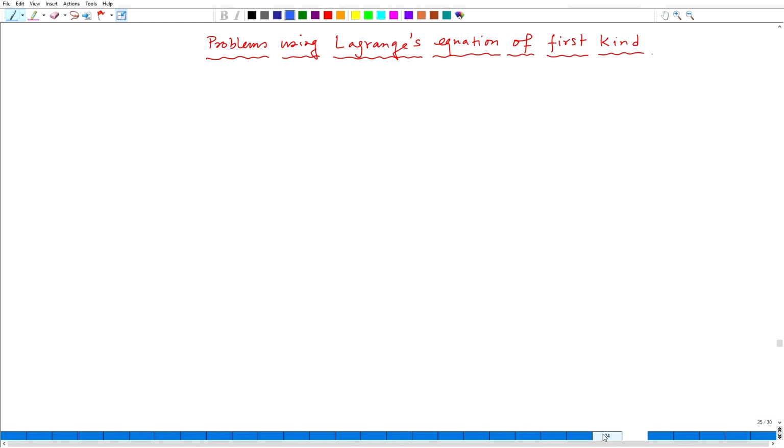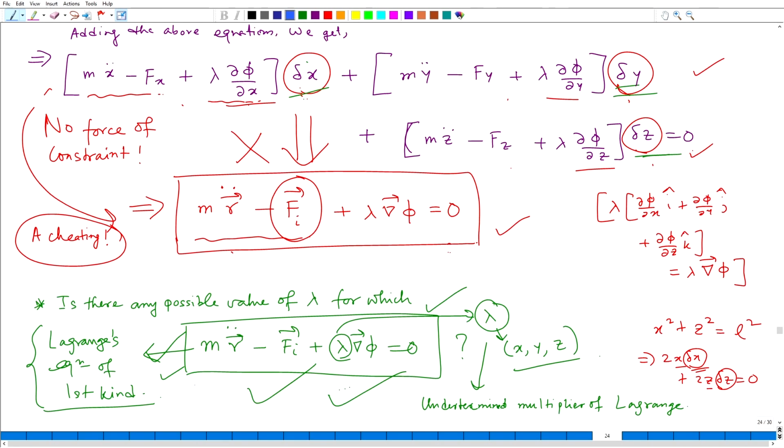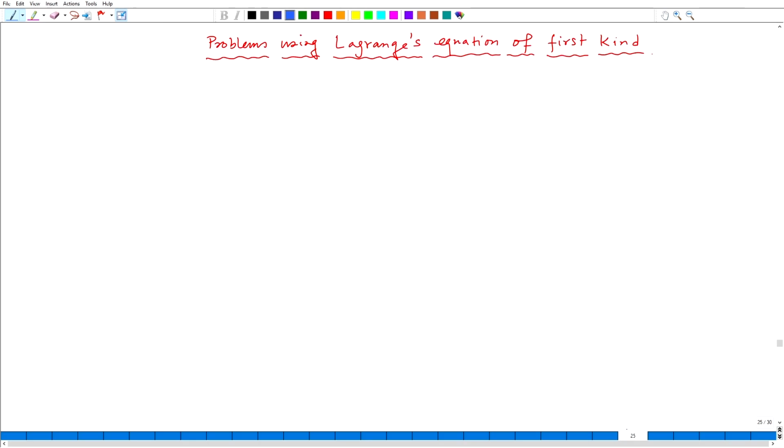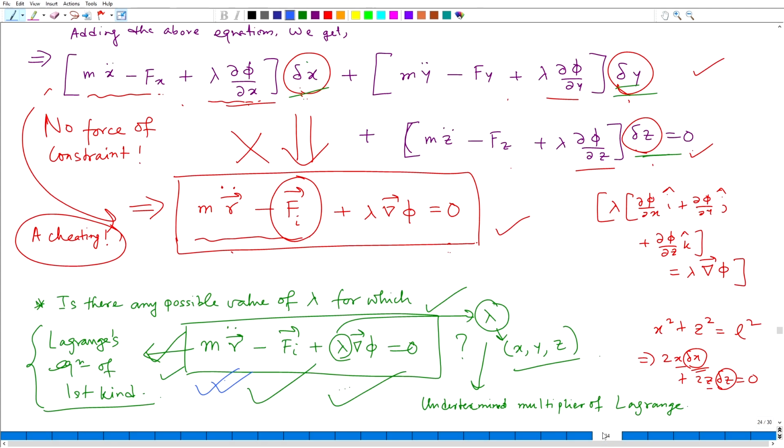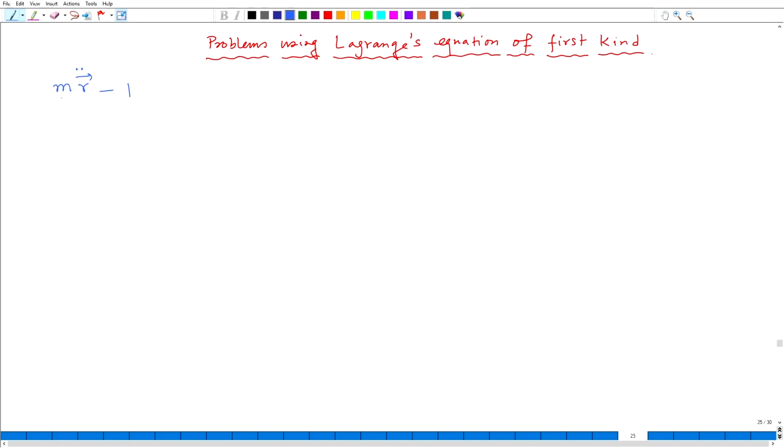If you remember, Lagrange's equation of first kind is given by this equation, that is, for a particle of mass m, m r double dot, which is the mass times the acceleration, minus the force which is excluding the constraint force.